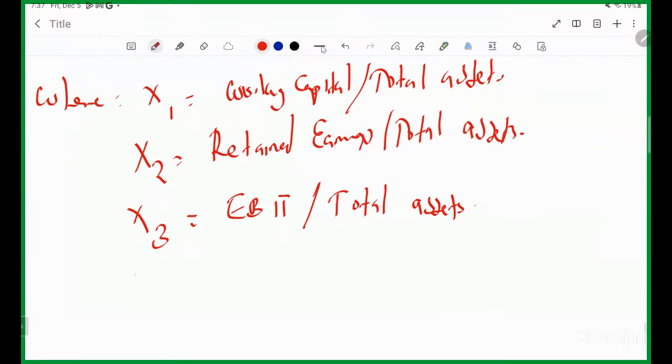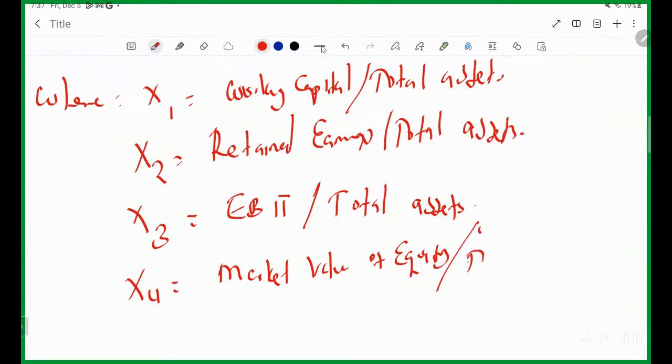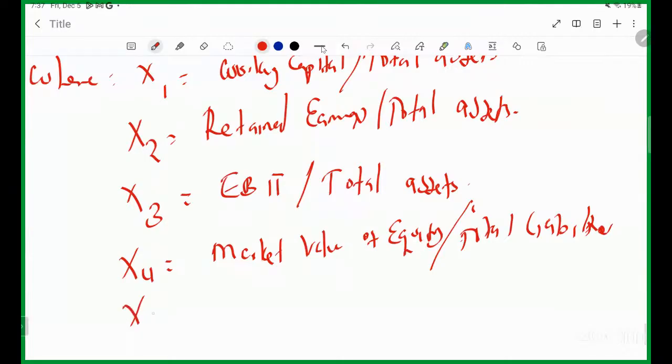And then we have X4, which was market value of equity over total liabilities. You are defining these letters. And finally, X5 is sales over total assets.